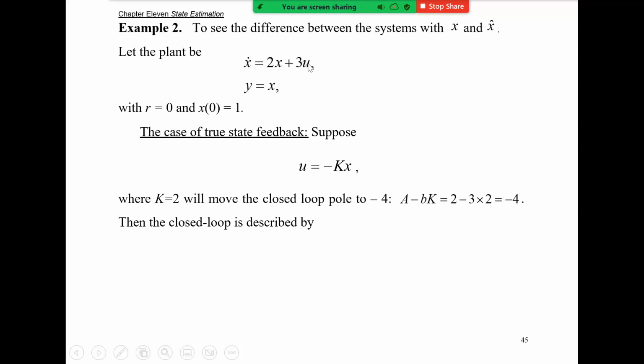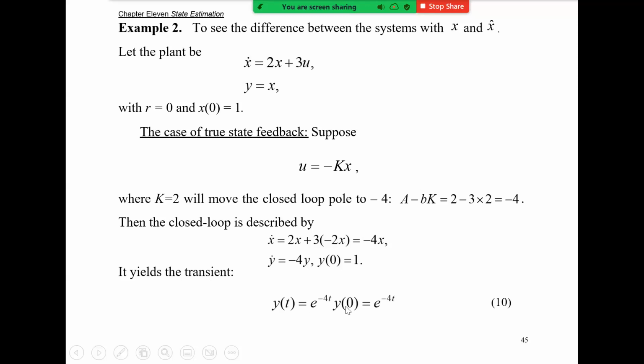Then we get A minus Bk: 2 minus 6, which will be minus 4. Then easily you can get the solution. The solution is e to the minus 4t, and the initial condition is 1. So this one is simple.